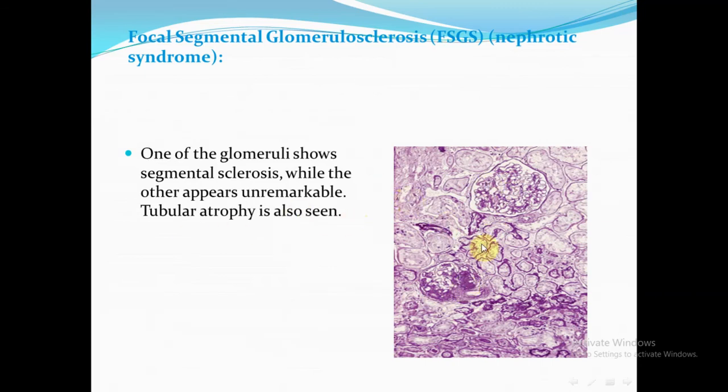Some diseases affect the glomerulus primarily and then affect the tubules, and some diseases affect the tubules and then affect the glomeruli. So here, in addition to focal segmental glomerulosclerosis that involves the glomerulus, we have tubular atrophy. Here we have atrophied renal tubules.